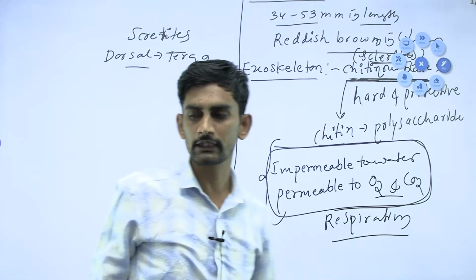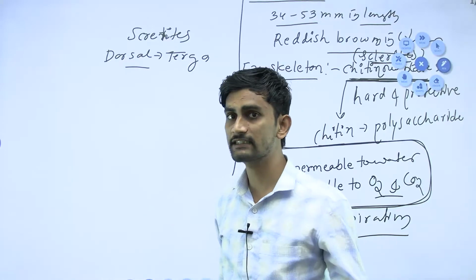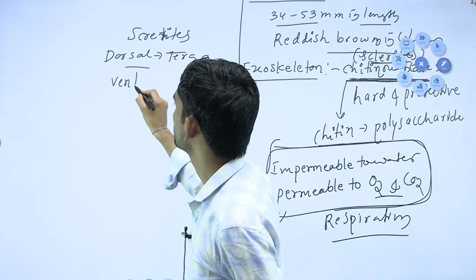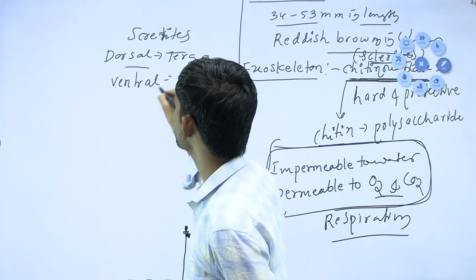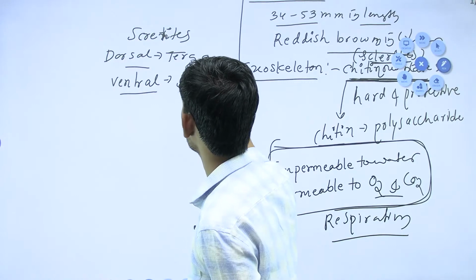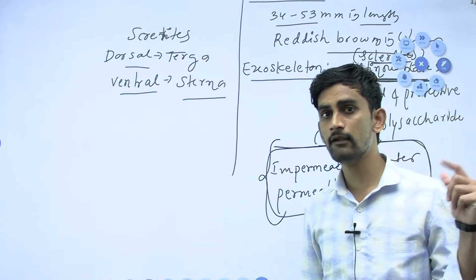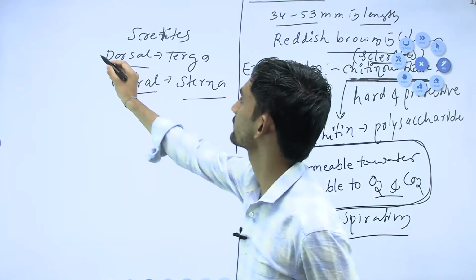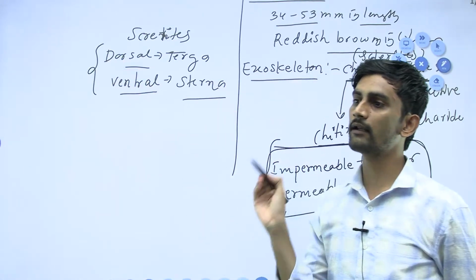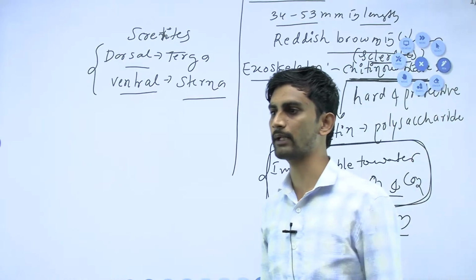If they are present on the ventral surface, we can call them sterna. Terga, sterna, dorsal, ventral. You have to concentrate on both. Dorsal sclerites are called terga, ventral sclerites are called sterna. Both pieces of information you have to remember.